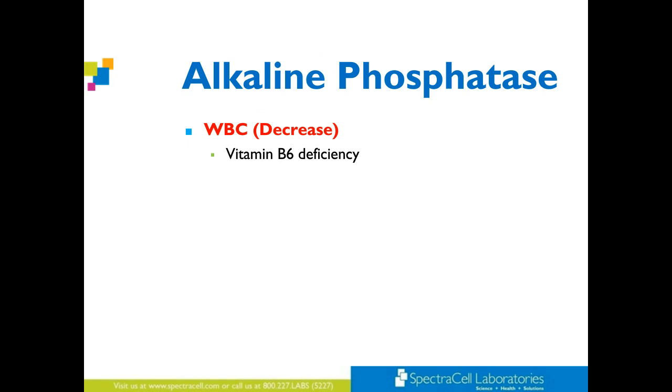As far as there's different breakdowns, there's an alkaline phosphatase in the white blood cell, and once again, if it's decreased in the white blood cell, it could be a B6 deficiency, and that could be telling us something about the person's generalized B status. And if they had an abnormal MTHFR, we may see an abnormal alkaline phosphatase.